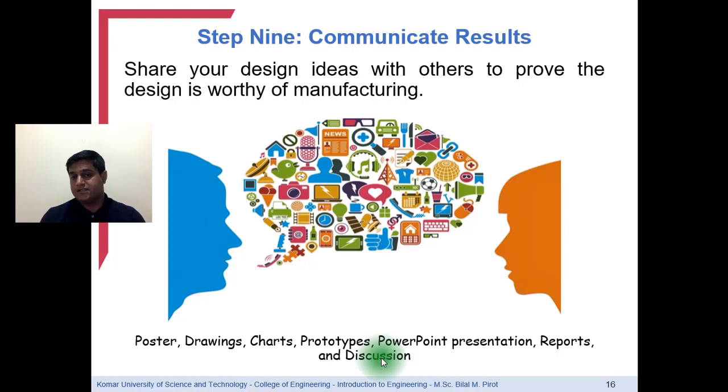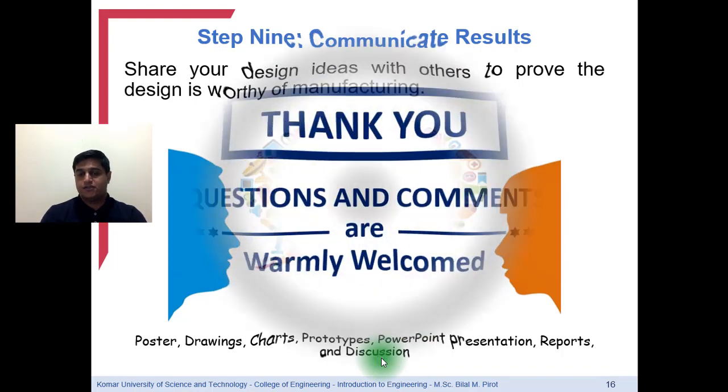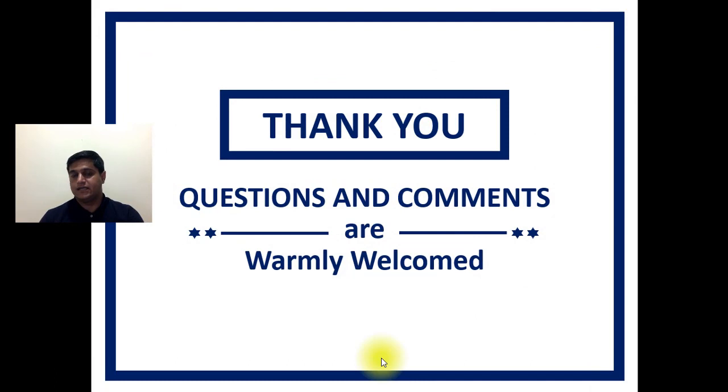This final step is very important to be accurate, because sometimes the ideas of other people will enrich your design and will enrich your project. This was about the engineering design process. We talked about the engineering design process.